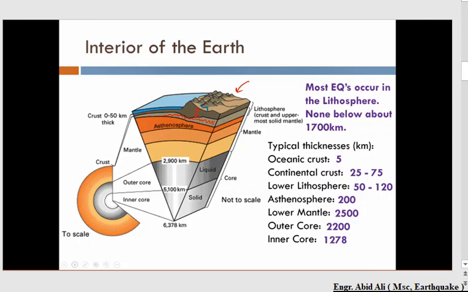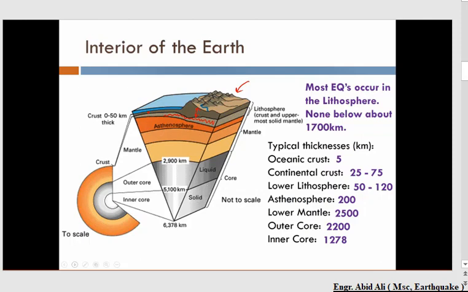The outer core is 2200 kilometers thick, and the inner core, we know this very precisely, is 1278 kilometers in radius. And we know all this stuff because of the way that seismic waves travel through the earth and the way they reflect off different boundaries.